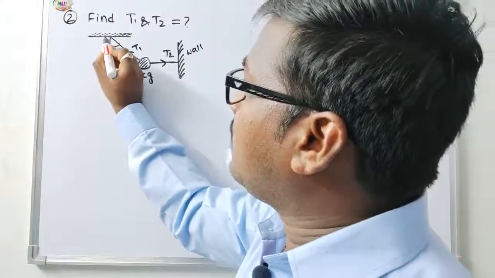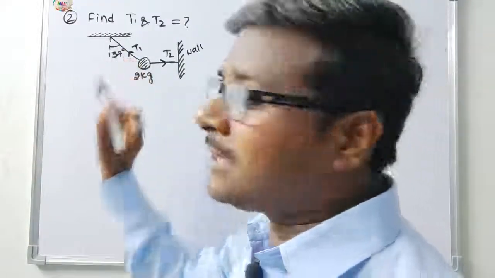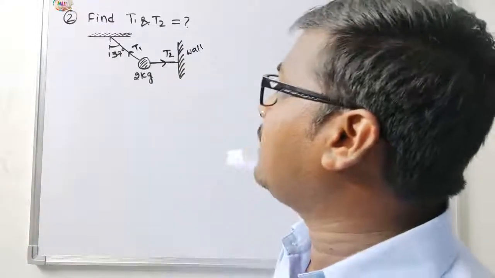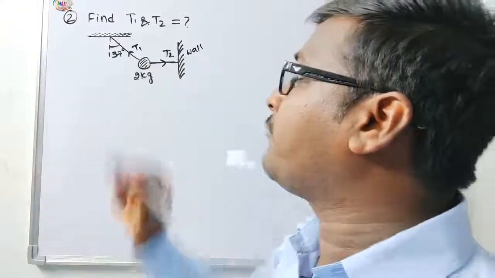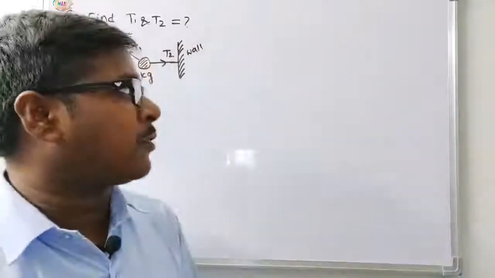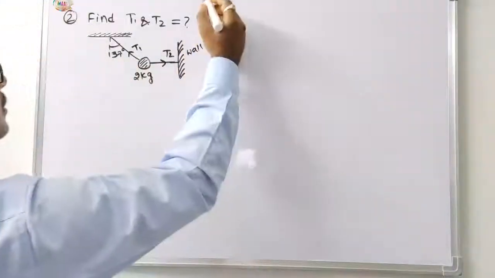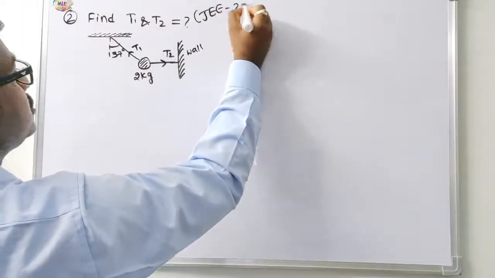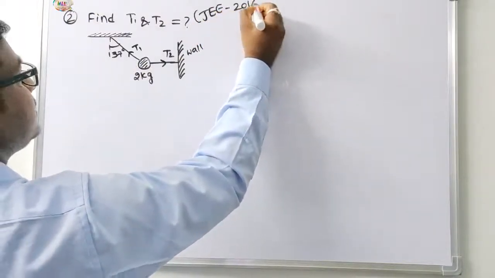The string makes an angle of 37 degrees. Then find out the tensional forces T1 and T2. It's a very simple problem. This is a JEE Mains 2016 problem.